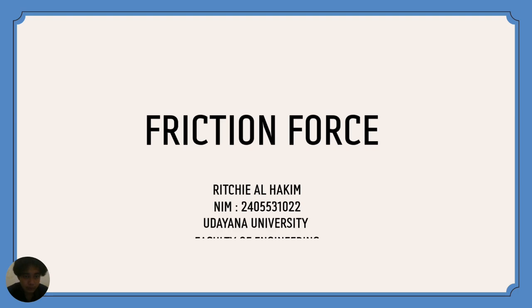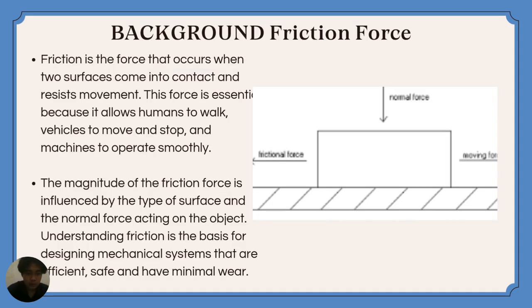Now I present the friction force. First, the background of friction force. What is friction force? It is the force that occurs when two surfaces come into contact and resist movement. This force is essential because it allows humans to walk, vehicles to move and stop, and machines to operate smoothly too.